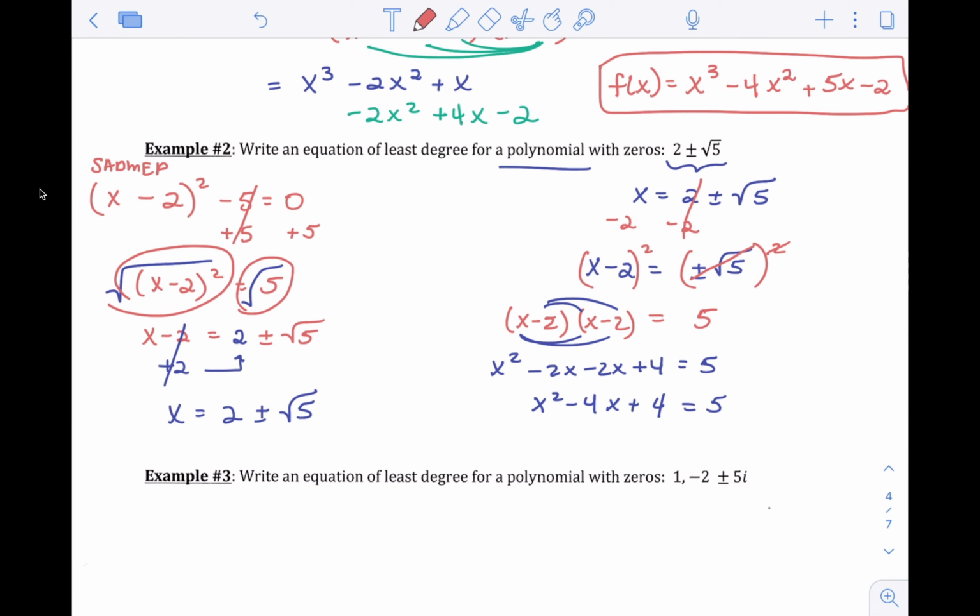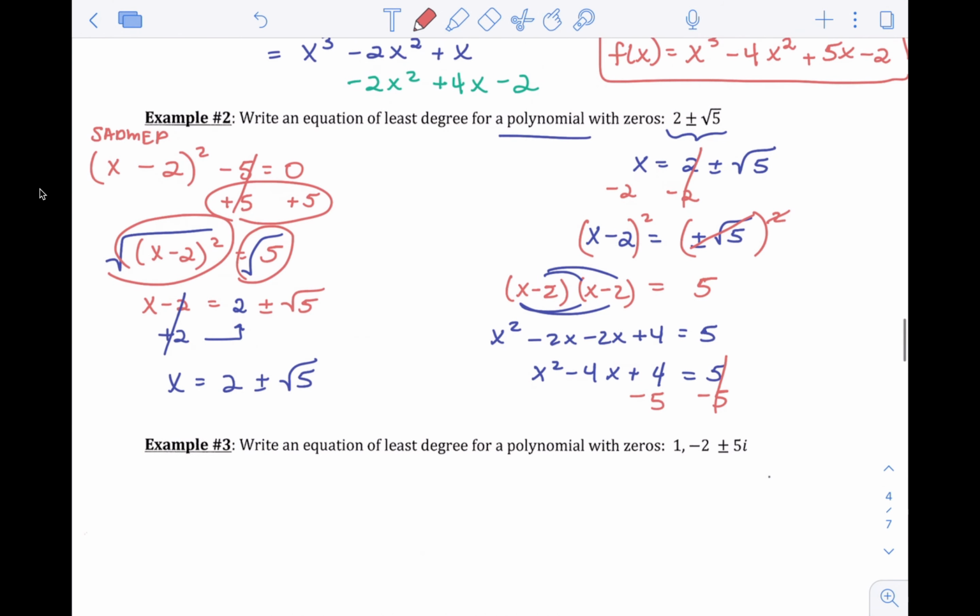So what we did is we added 5 in the beginning. So now we're going to subtract it. We're going to undo it. We're just going to move that 5 over by minus 5 on both sides, making your final polynomial x squared minus 4x minus 1.